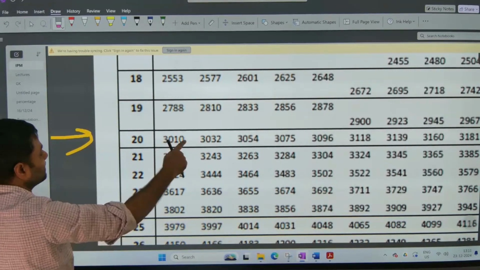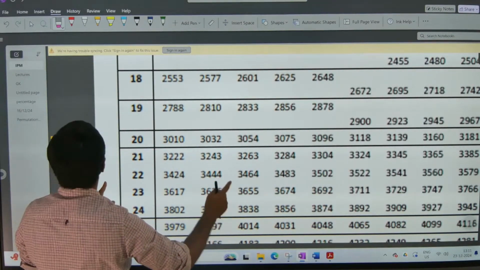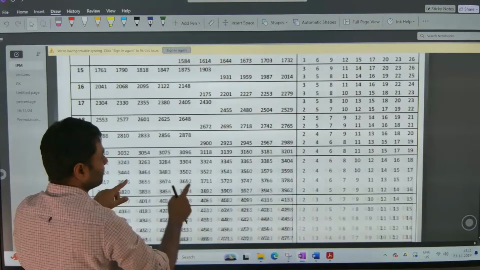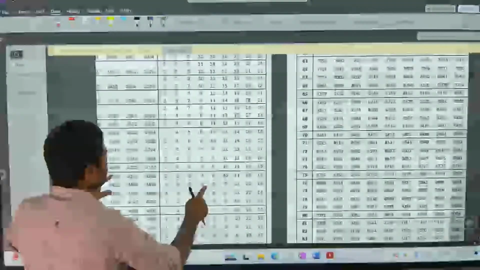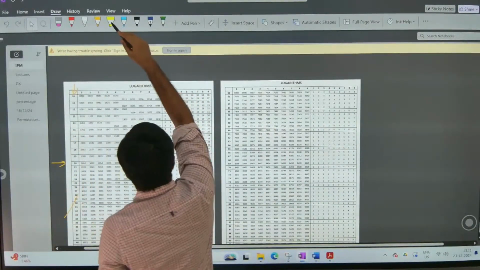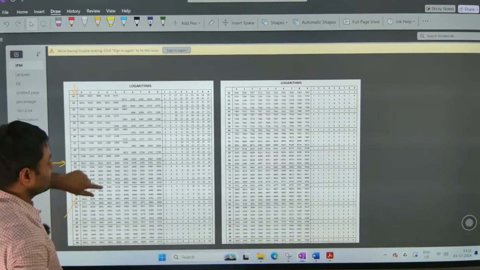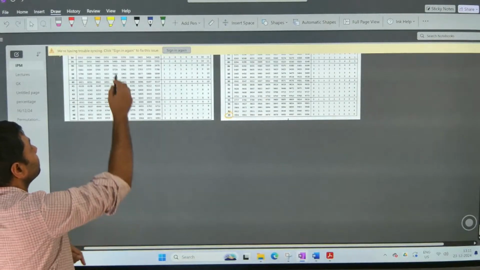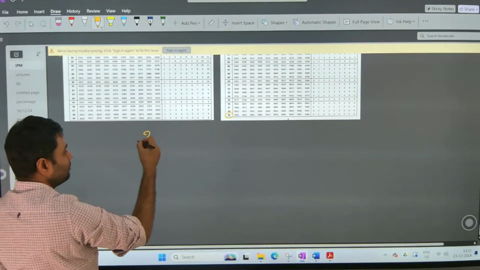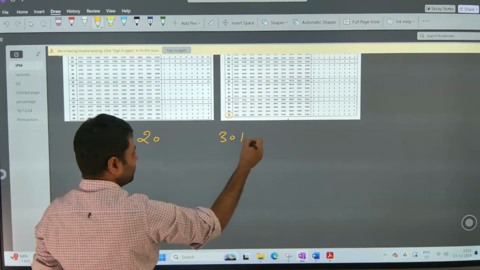But the value of log 20 is not exactly 3010, it is slightly different. So here come the properties of log, right? I will now scroll these tables. I will come back to them. So we found that 20 and in front of 20 there was 3010.